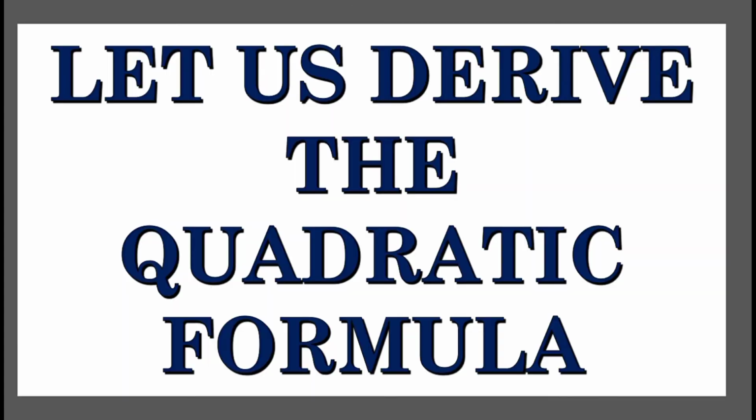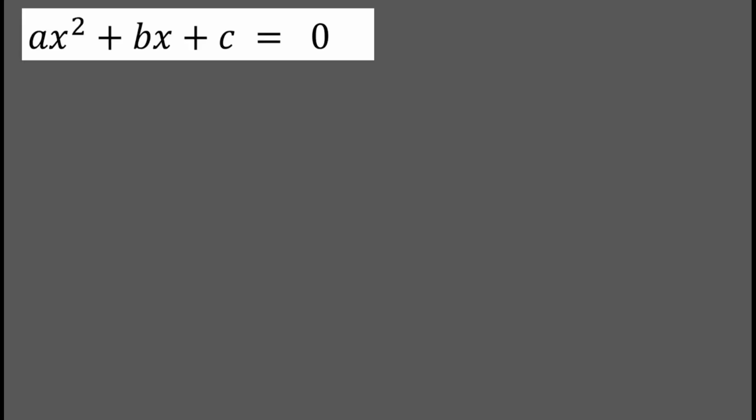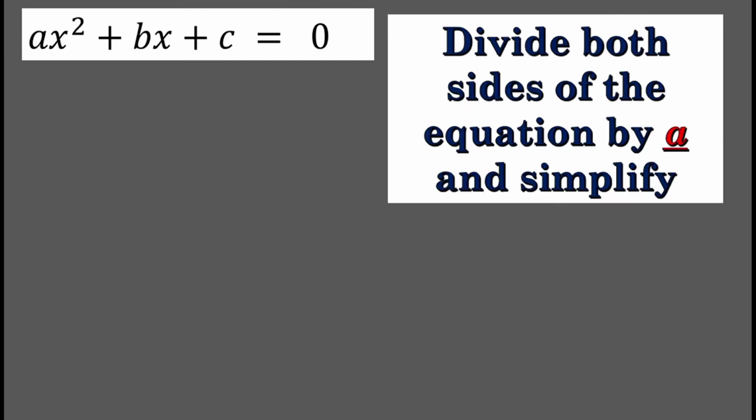So this time, let us derive the quadratic formula. Again, it is from the standard form of a quadratic equation, ax squared plus bx plus c equals 0. First step we had is to divide both sides of the equation by a and simplify.